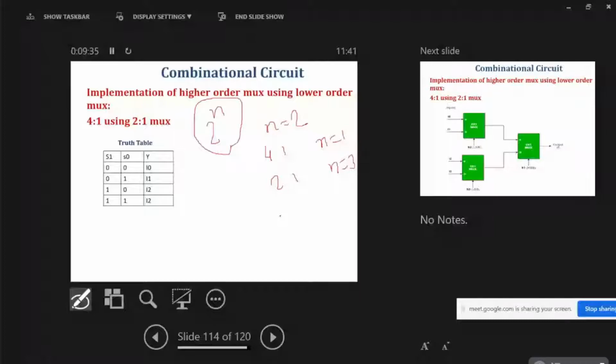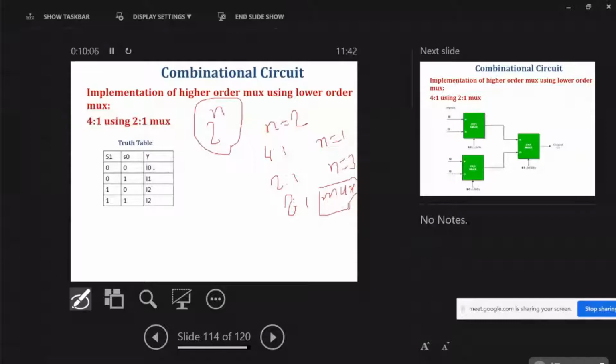So if somehow we have a task to implement a 4x1 or 8x1 mux, and we have only 2x1 muxes available and no basic gates, how can we implement it? In that case, we can implement a 4x1 or 8x1 mux with the use of 2x1 muxes.